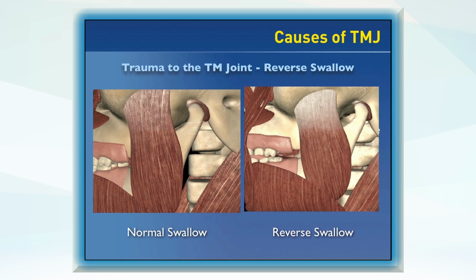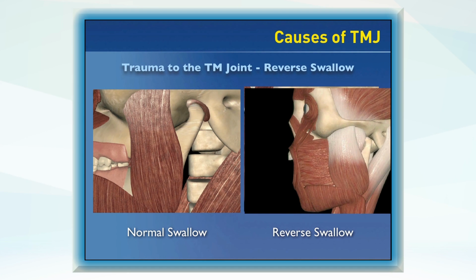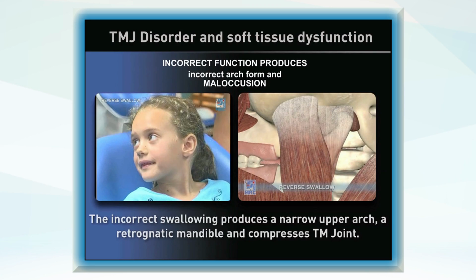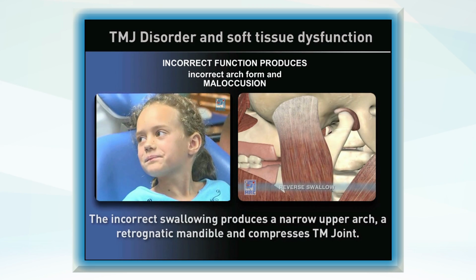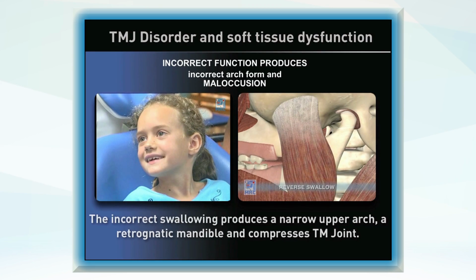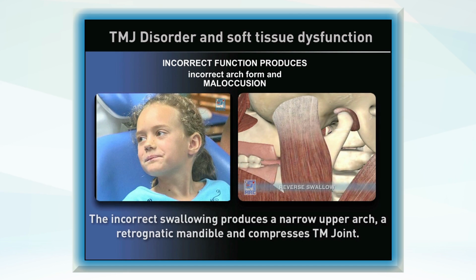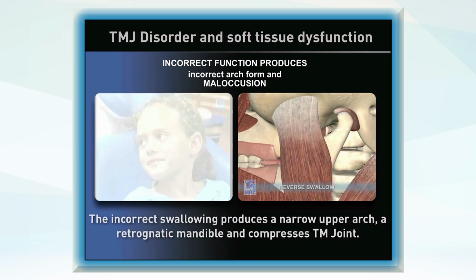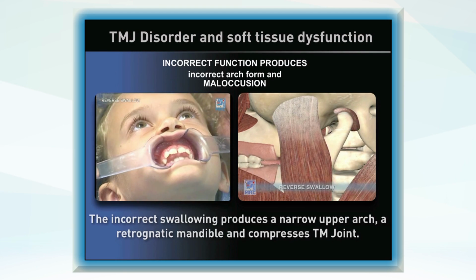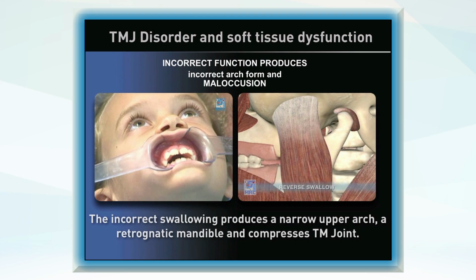So there's the trauma to the joint, there's the cause of the TMJ disorder. I showed you this before. If you start looking at function in patients, even children, you'll palpate the joints and they'll have the precursor for TMJ disorder. But anything that distalizes or pushes the mandible back is going to cause this TMJ disorder. Most common is myofunctional.